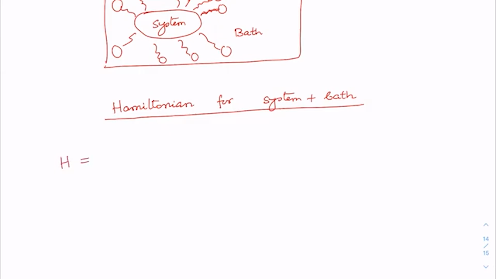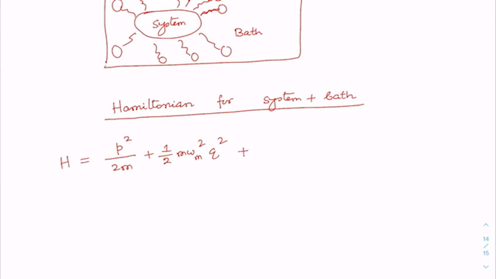First of all, this part I'm going to write for the system. So this is the kinetic energy. Let me consider the harmonic oscillator to be a single harmonic oscillator. So its momentum is P, mass is m, and you have half m omega m square q square. This is the potential energy part.